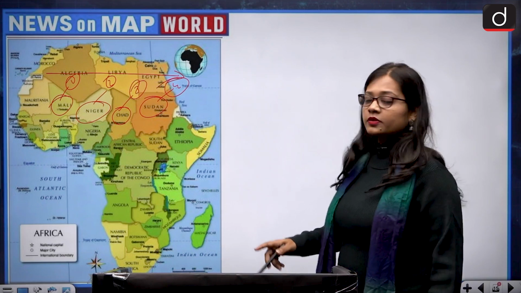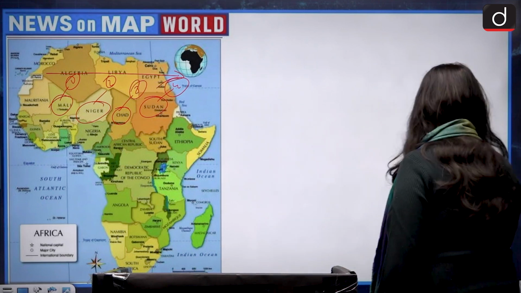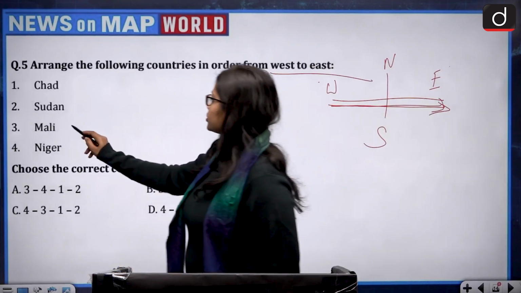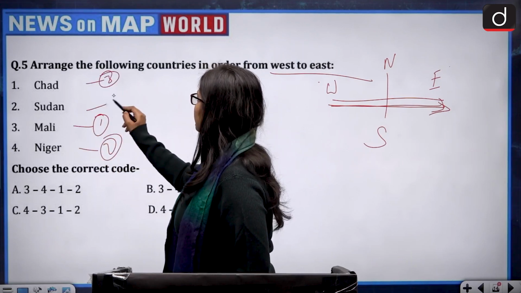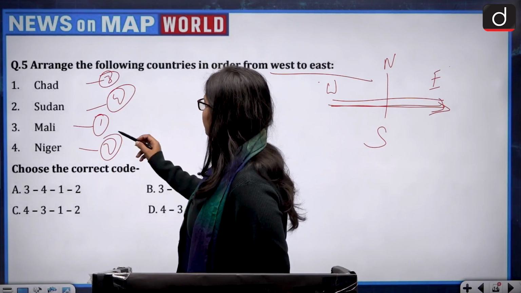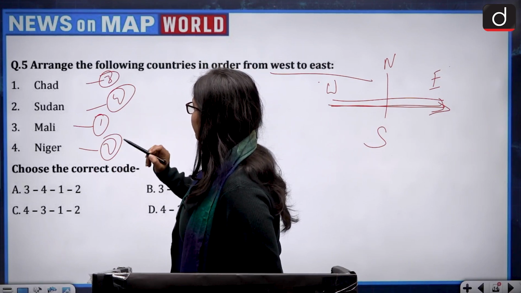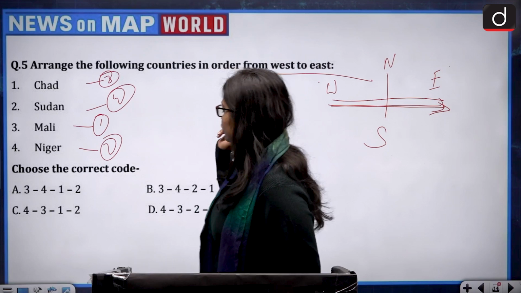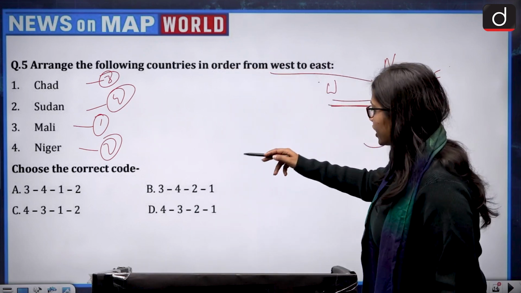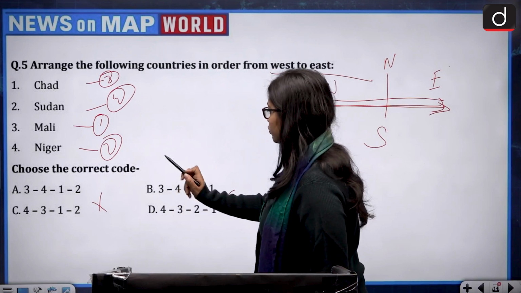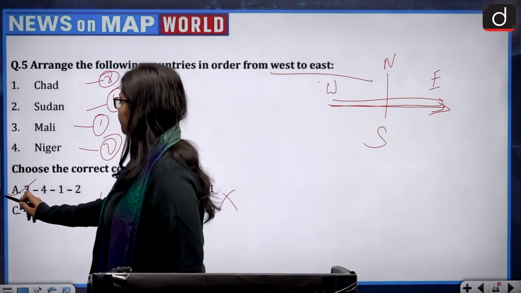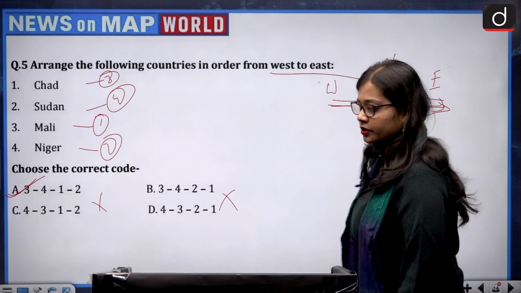So the correct code would be 3, 4, 1 and 2. That is option A. So the correct answer becomes option A.